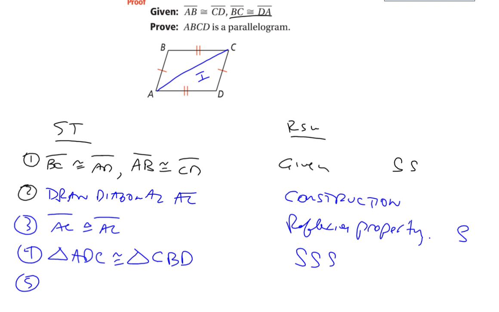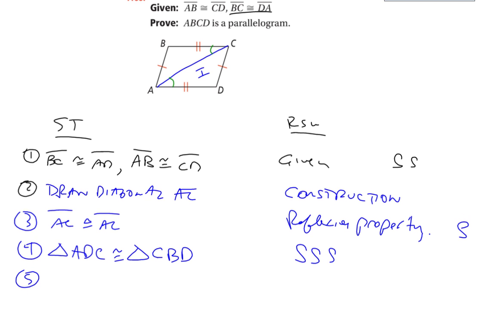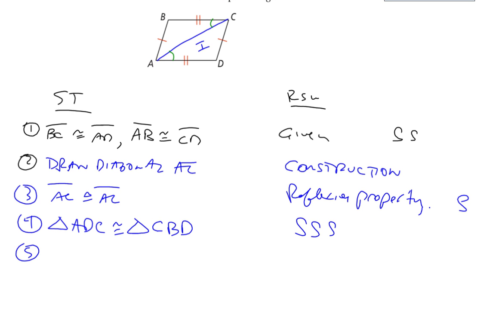So what I can say now is that these two angles, namely DAC and BCA, are congruent, right? Because of corresponding parts of congruent triangles are congruent. So I will say now that angle DAC is congruent to angle BCA.